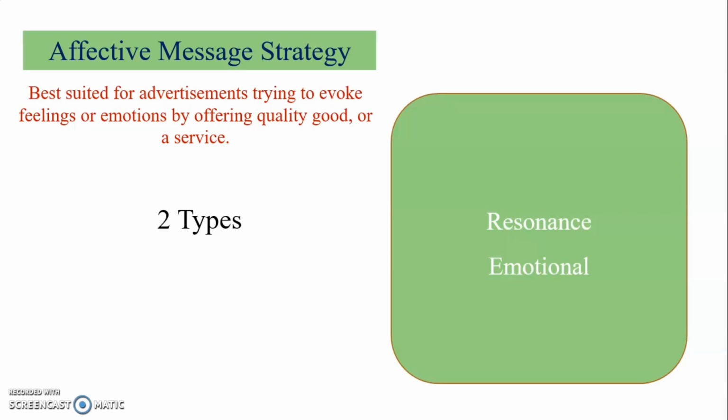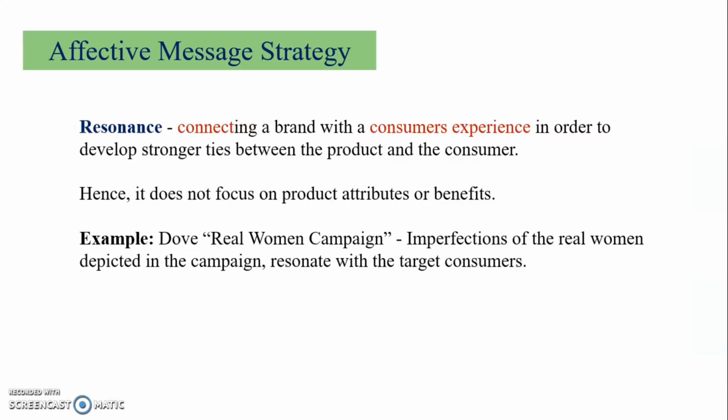Basically, they have two types: the resonance approach and the emotional approach. The resonance approach has the objective of connecting a brand with the consumer experience in order to develop stronger ties or bonds between the product and the consumer. Hence, it does not focus on product attributes or benefits. Its main focus is on building a relationship between the product and the consumer.